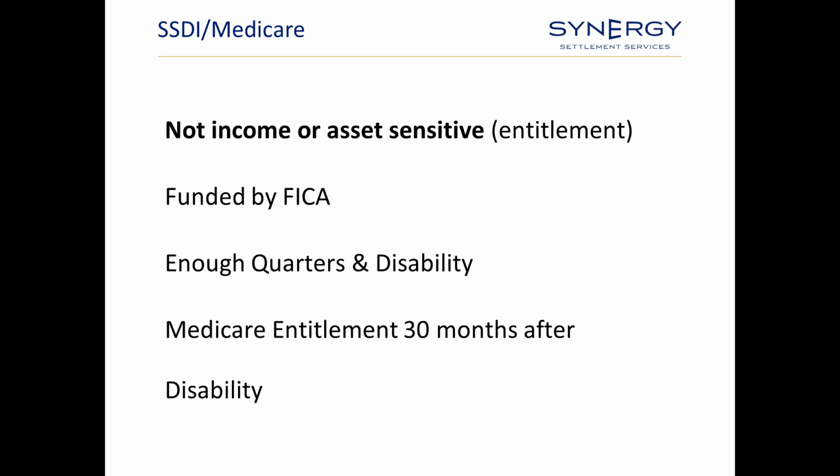Neither SSDI nor Medicare are income or asset sensitive. They're entitlements. We fund those benefits by paying into the system. And so if a personal injury victim has enough quarters paid into the system and becomes disabled, they become entitled to SSDI. And SSDI is the gateway then to Medicare.